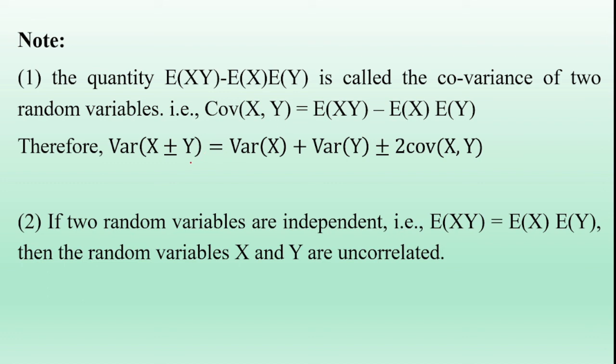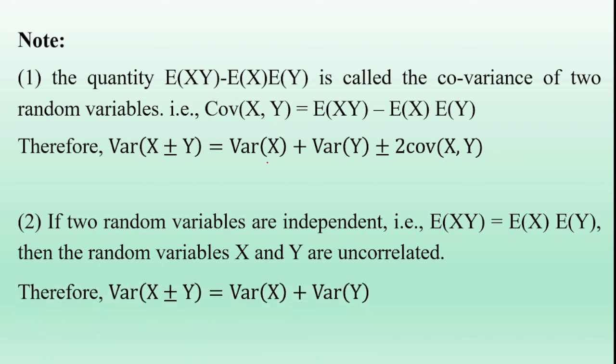Applying that condition into this equation, we get variance of x plus or minus y is equal to variance of x plus variance of y. So this is another property of the variance of random variables. These are some important properties of variance.